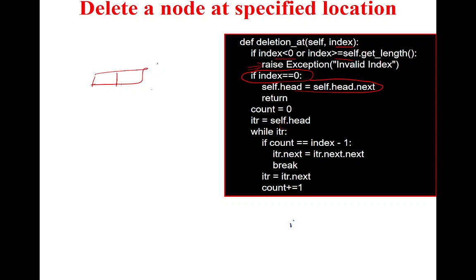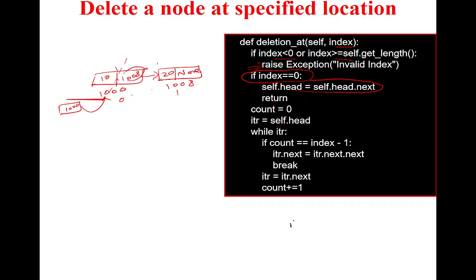Only one node is there, or maybe even multiple nodes are there. They are giving the 0th position to delete. This is the 0th position, this is the 1st position. This is 1000. If they are giving the 0th position to delete, if I delete this node, this should be the head.